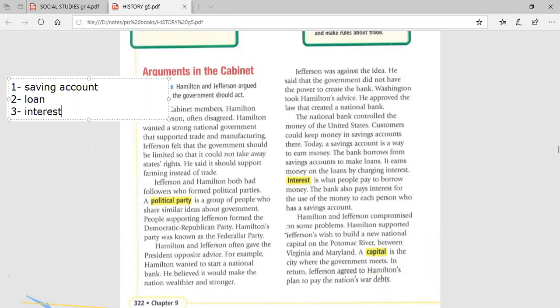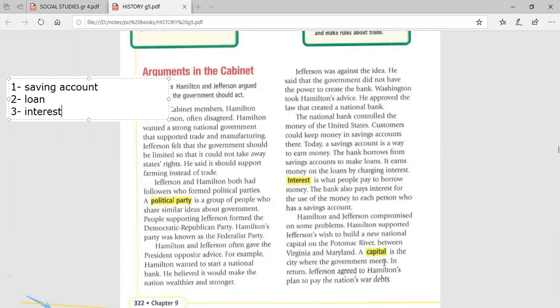You know, there is only one point where both of them compromised on some problems. What is this? Hamilton supported Jefferson on building a new national capital on the Potomac River. The capital, you know, is the city where the government meets.